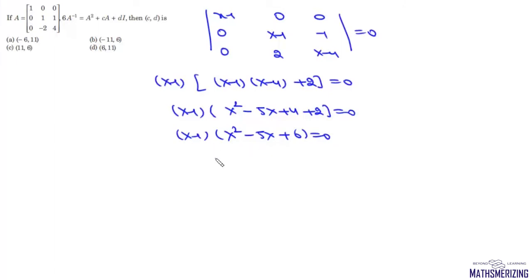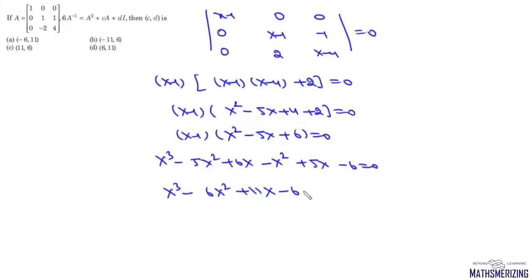Now we'll multiply both of them. We'll get x cube minus 5x square plus 6x minus x square plus 5x minus 6 equals 0. So we'll get this equation as x cube minus 6x square plus 11x minus 6 equals 0.